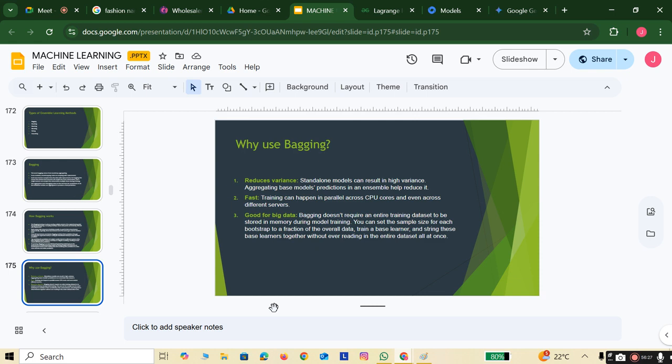So aggregating these models' predictions in an ensemble helps reduce it. At the end of the day, if you find the average, you tend to do away with this. You know, when you implement these models, some predictions will be lower, others will be higher. So when you average them, you've taken into consideration the lower, the moderate, and the high ones.